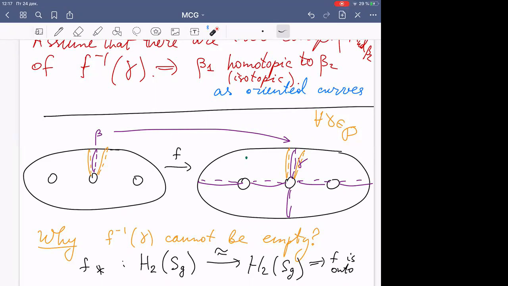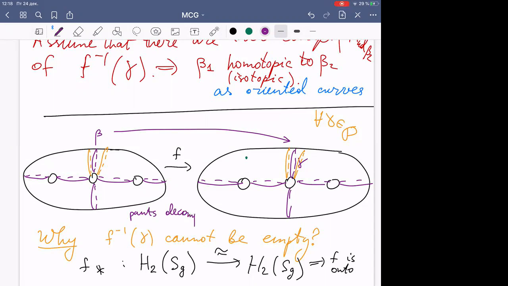So the preimage cannot be empty for sure. Hence, it consists of exactly one component. Well, but now it follows easily that these preimages also provide a Pants decomposition here.